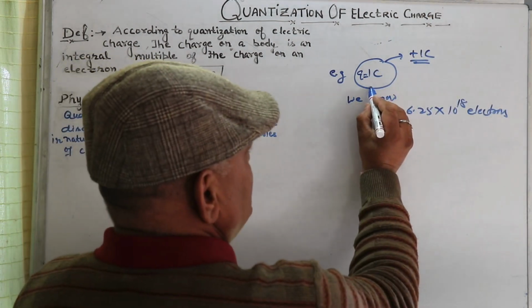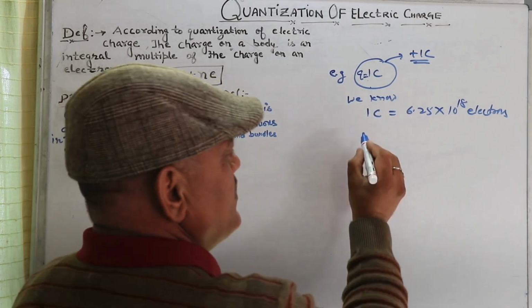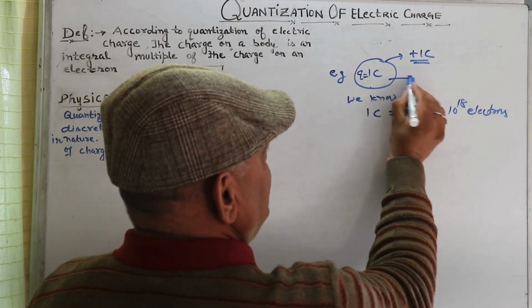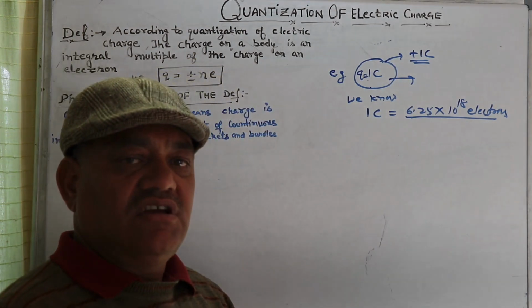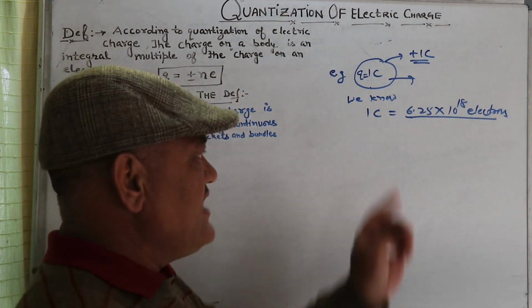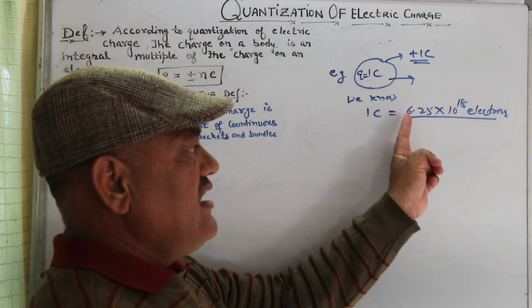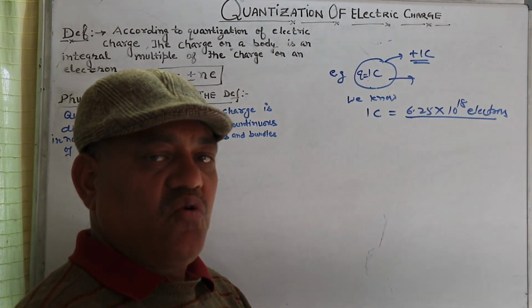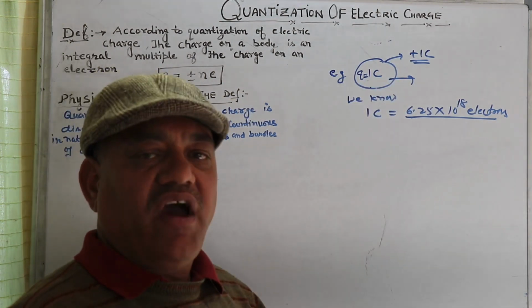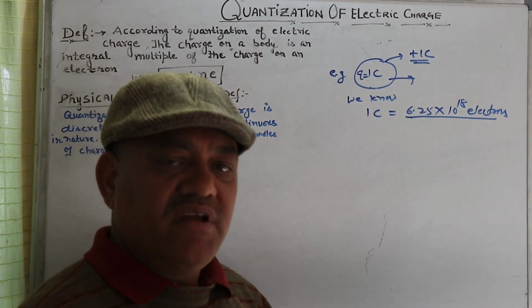Hence, having positive 1 coulomb charge means it is deficient in this many electrons. In other words, this body lost 6.25 into 10 raised to power 18 electrons, only then it acquired positive 1 coulomb charge.